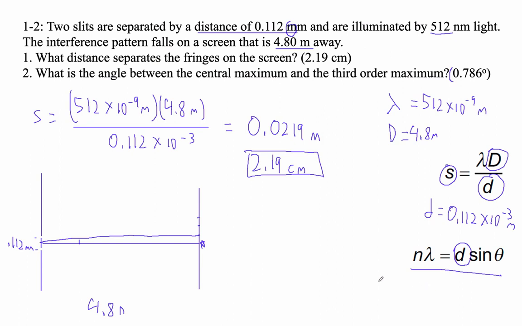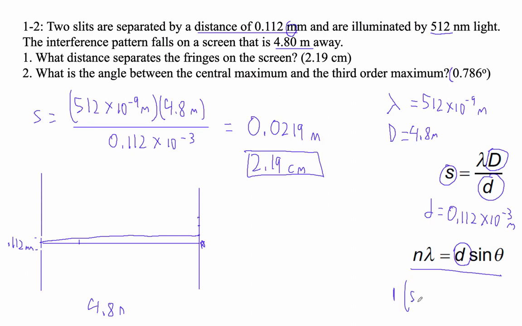So we're going to make n be 1, right? This is n is 1, this is n is 2, this is n is 3. There's going to be a series of dots out here of constructive interference, and that's what this is finding. Okay, by the way, if you want the destructive interference, you're going to go n plus 1/2 times lambda, right? But okay, so what we're going to do here is put a 1 in there.